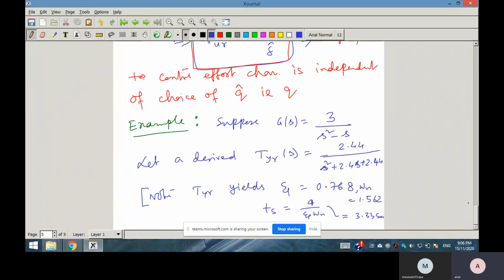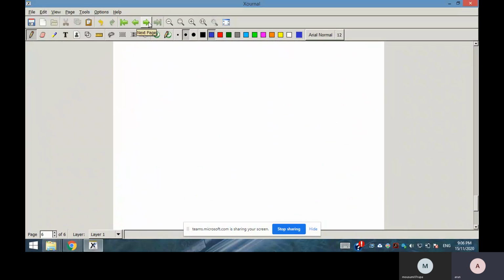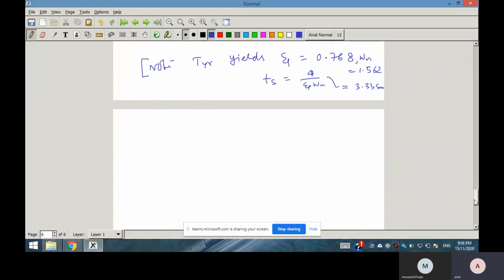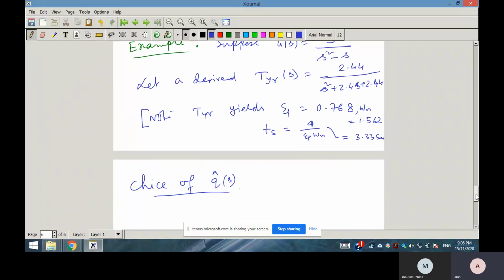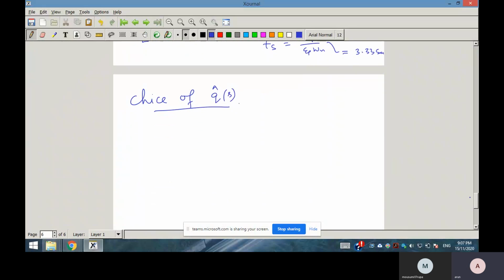This is your TS, and now choice of Q hat S. So there are three cases I will choose, and then we'll see the performance of the system.